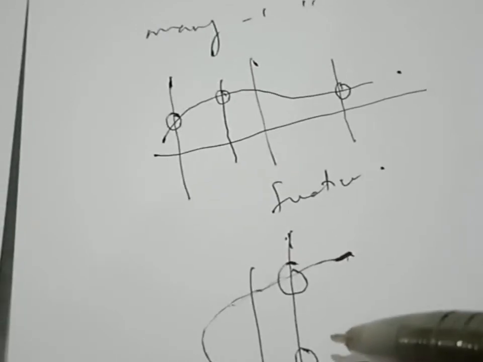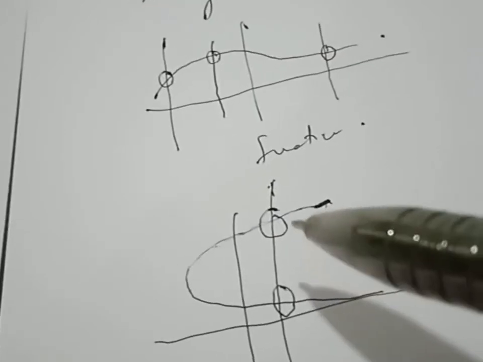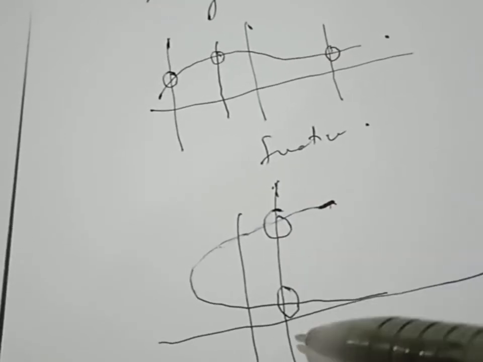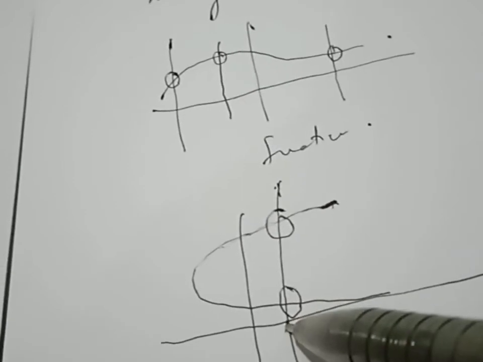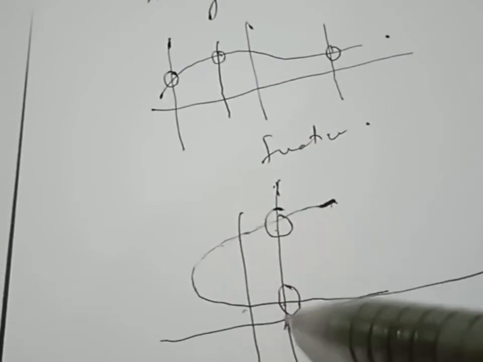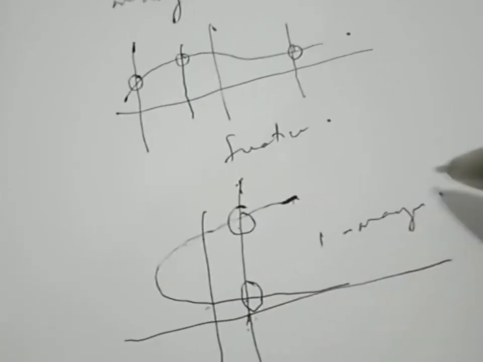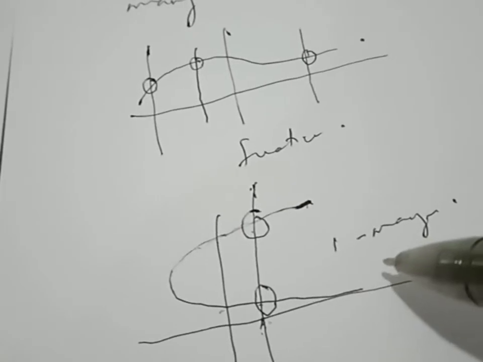If we get two intercepts at any vertical line test on the graph, this is a one-to-many relationship, because one x is assigned to two points on y. If we find a one-to-many relationship, this is not a function.